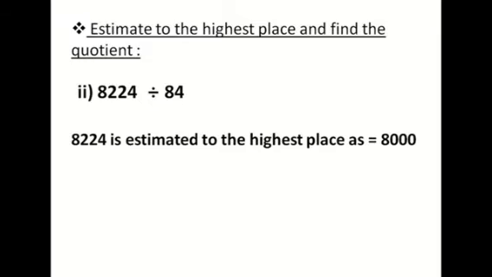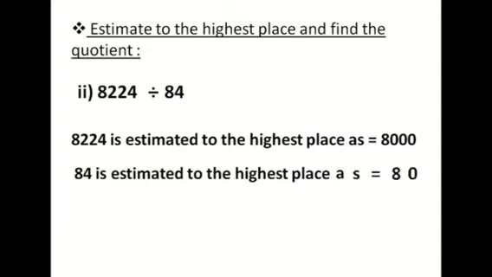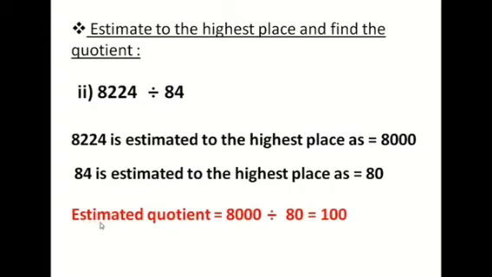So here also 8 will not be changed and 4 will be replaced by 0. So 84 is estimated to the highest place as 80. Now you have to find out the estimated quotient. So do the division and find the quotient. It's very easy. So estimated quotient equals 8000 divided by 80. It gives you 100.